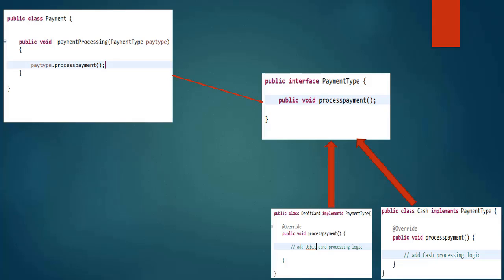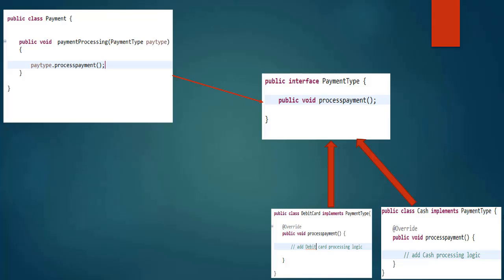The payment class will be responsible for calling the process payment method of the appropriate payment type. So if you see here, the payment class is not holding any logic to process the payment. Depending on the client call, it will delegate the call to the appropriate payment type class, that is either cash or debit card, and invoke the process payment method.